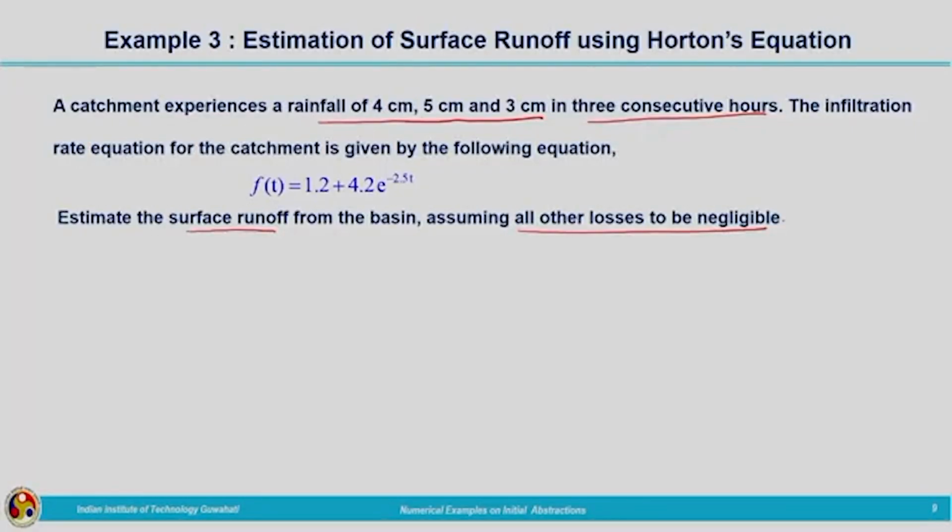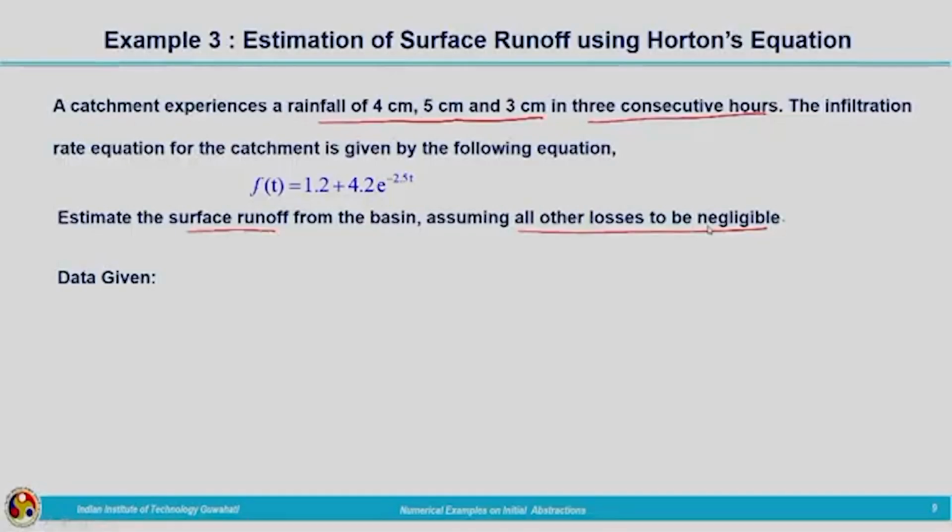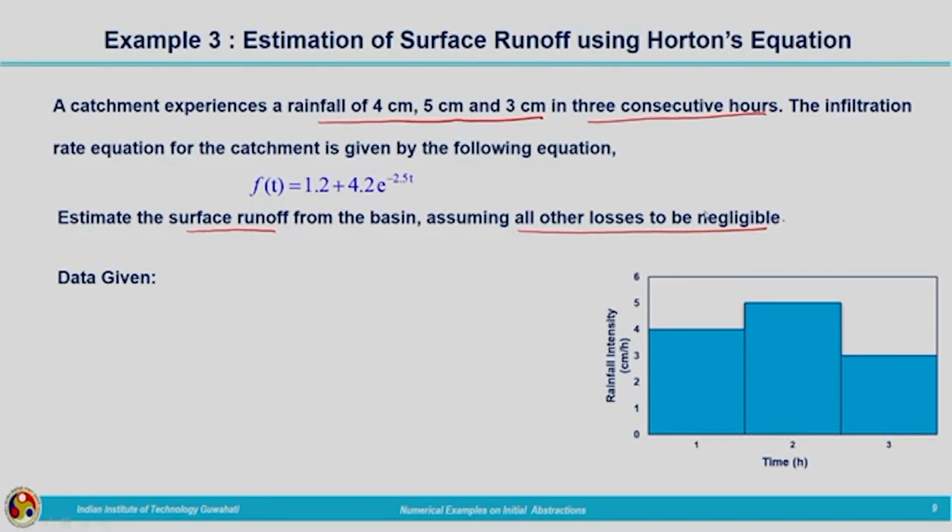Once the quantity of water corresponding to that infiltration is quantified, that value can be deducted from the total rainfall value to get the excess rainfall, which is equivalent to the direct runoff. Let us revisit the data given. This is our rainfall hydrograph, which represents 0 to 1 hour, 1 to 2 hours and 2 to 3 hours.